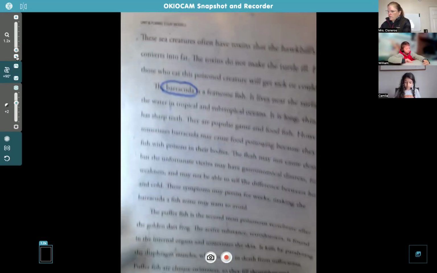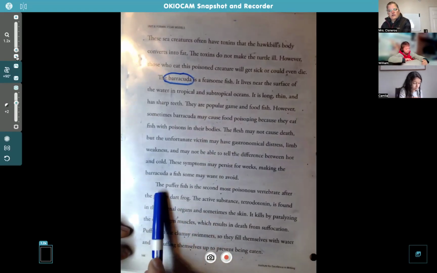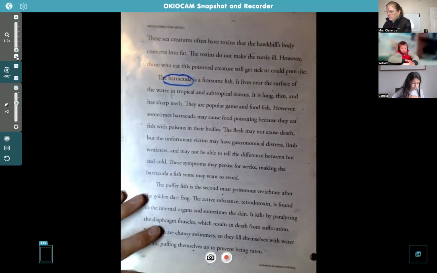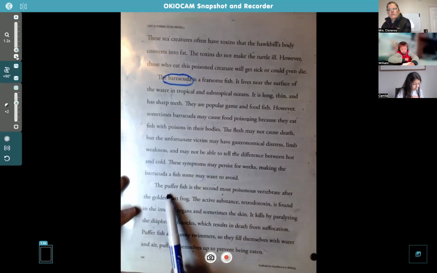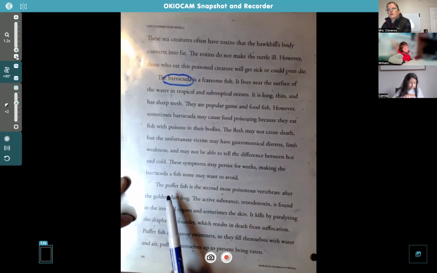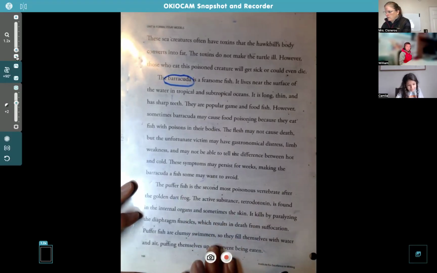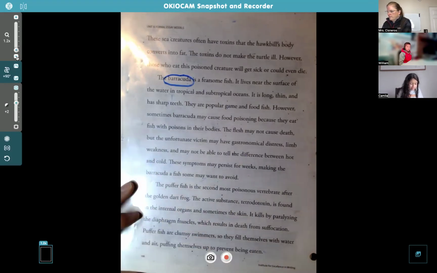And then Camila, next paragraph down here. Oops, you're muted. The pufferfish is the second most poisonous vertebrate after the golden dart frog.